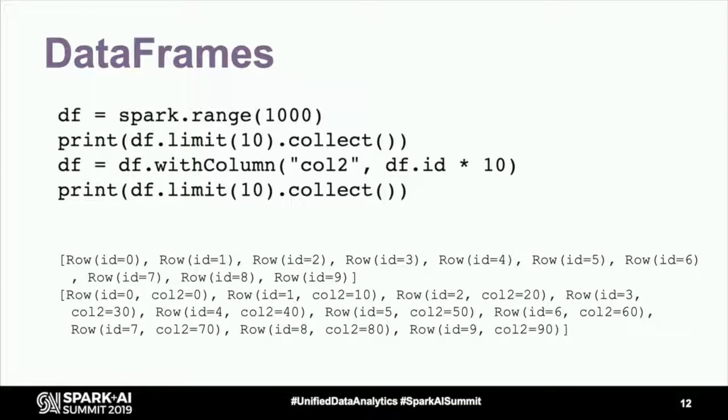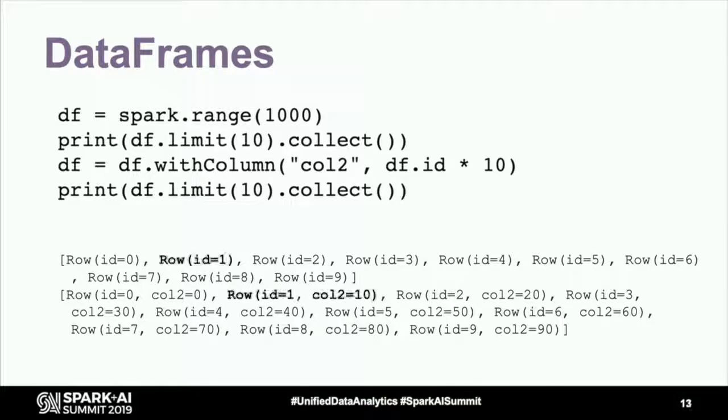So DataFrames. DataFrames are really the key abstraction. They're really the fundamental abstraction in Spark nowadays. And they share similarities with Pandas, which of course you guys aren't really that familiar with, so that's probably not the best example, but they're really similar to SQL tables, right? So you can operate on them with SQL or by performing a variety of DataFrame operations.